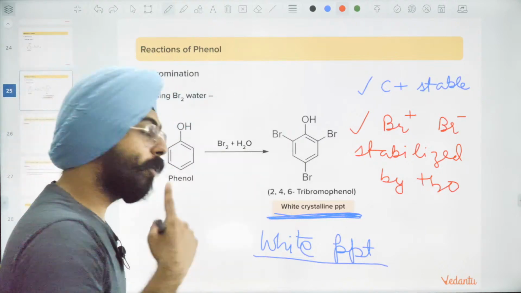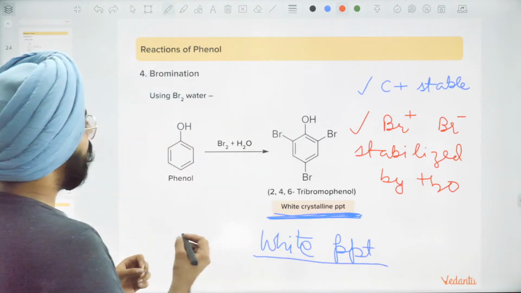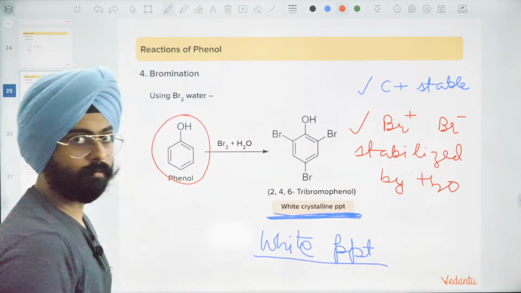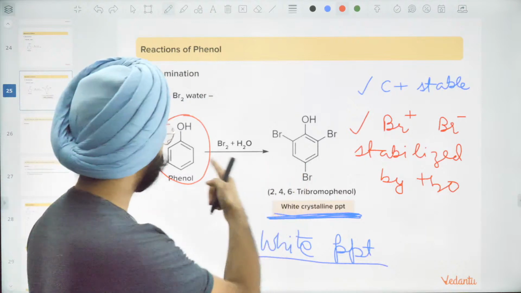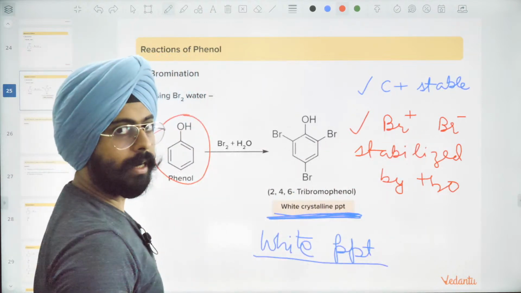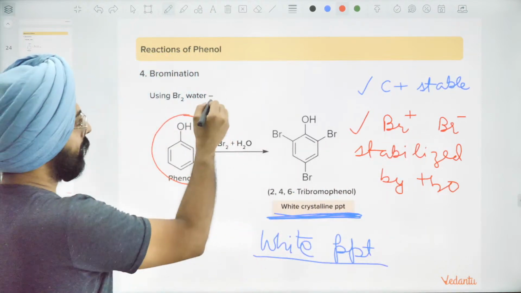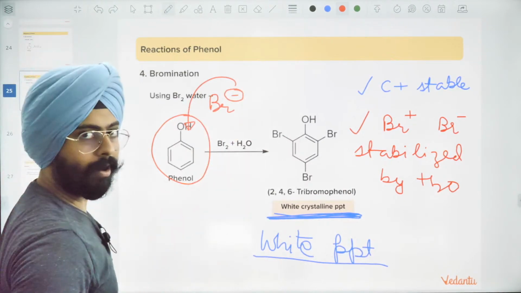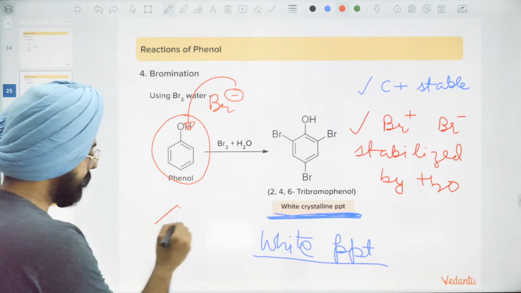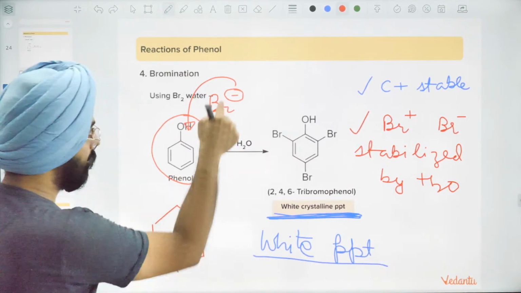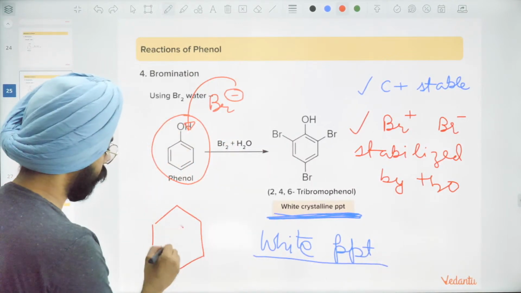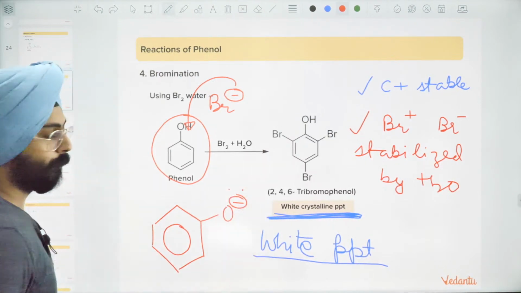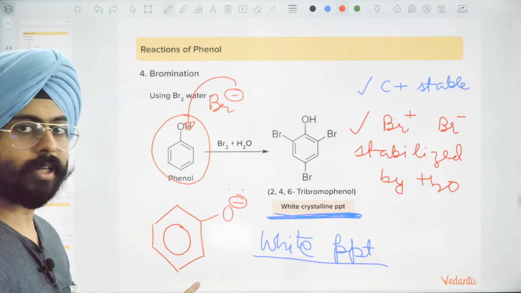Also, there is one more reason जो आप सोच सकते हो, and that is, what if this phenol reacts with the Br negative? क्या होगा? What will happen if phenol reacts with the Br negative? Do you realize that the Br negative can capture the hydrogen of the phenol? I can say that in water, if bromine negative captures the hydrogen of the phenol, I can get a phenoxide ion kind of a species. Do you realize you will get a phenoxide ion?